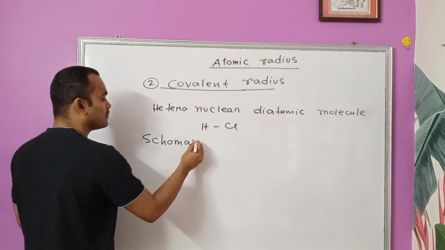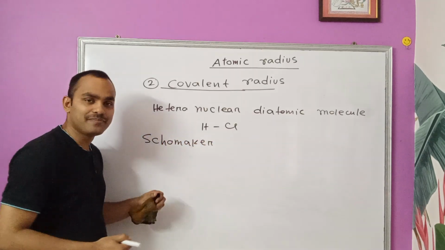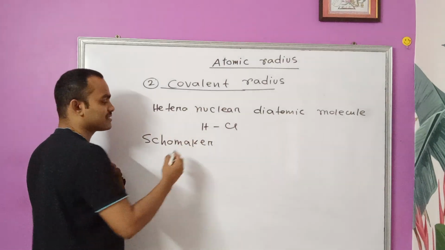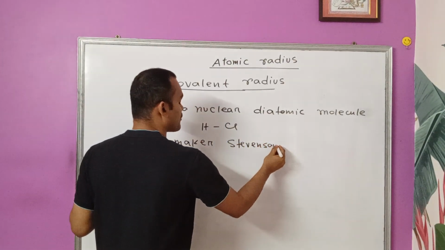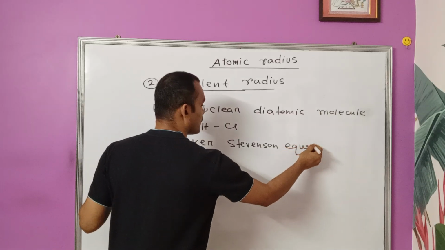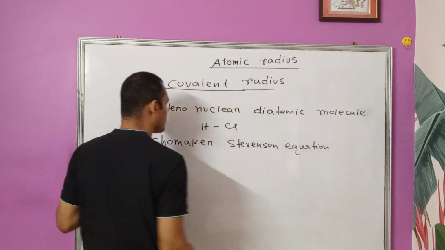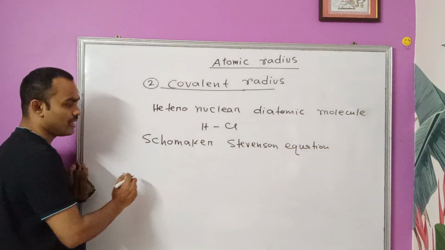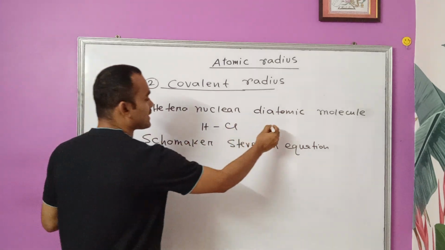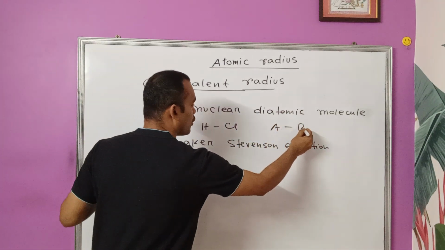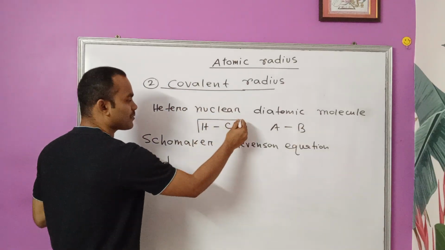Shoemaker, this is your scientist name, and Stevenson equation. So by this equation we can calculate the diameter. Suppose the atoms are A and B, or here I am taking the example of HCl.